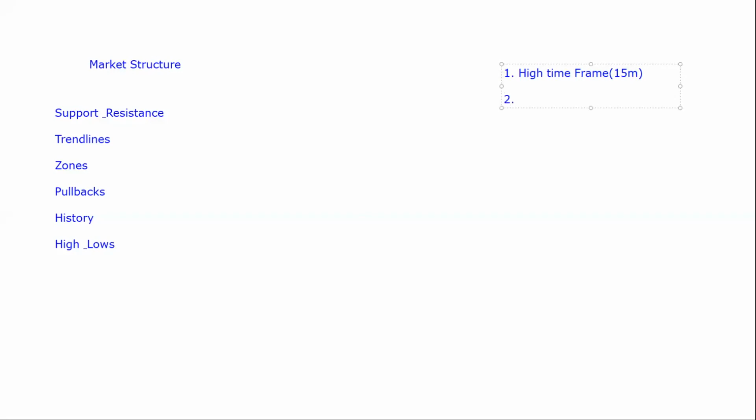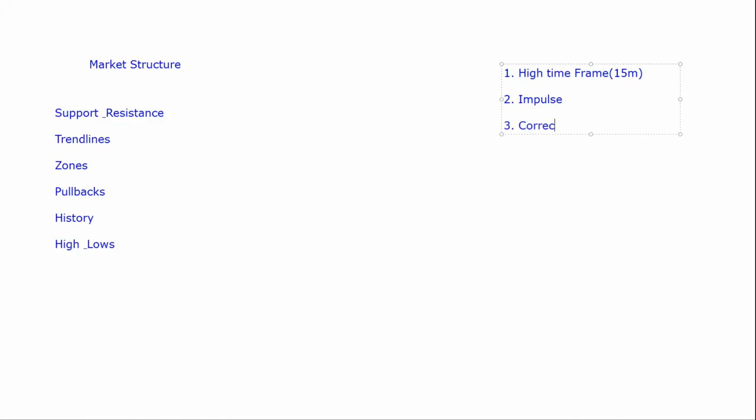The second thing you guys want to understand about market structure, not only your higher time frames, but some of the basic rules, is you have what we call an impulse move. An impulse move is something that happens in market structure all the time. You're always going to get a major impulse move. Now, after your impulse move, you typically get what we call a correction.